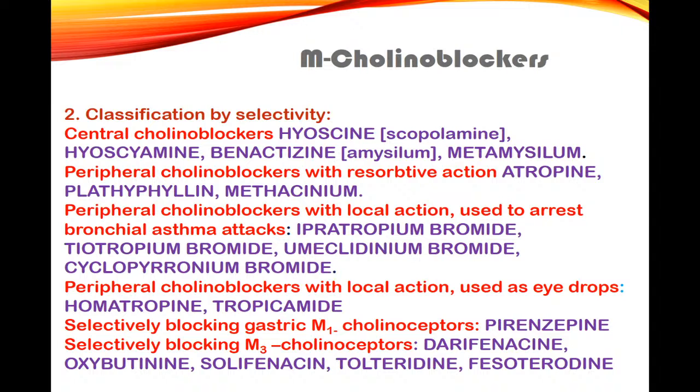These cells are innervated by the vagus nerve, and vagus nerve stimulation causes release of histamine from these cells. Histamine stimulates H2 histamine receptors on parietal cells of gastric mucosa, which causes an increase in release of hydrochloric acid. That is why blockade of these M1 cholinoceptors decreases secretion of hydrochloric acid.